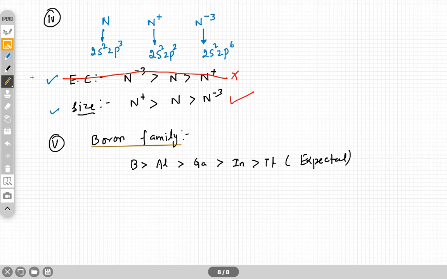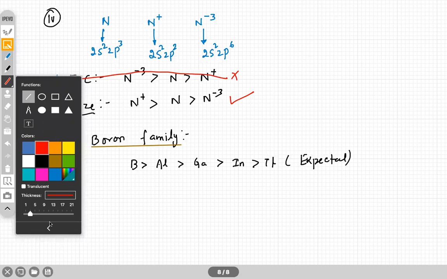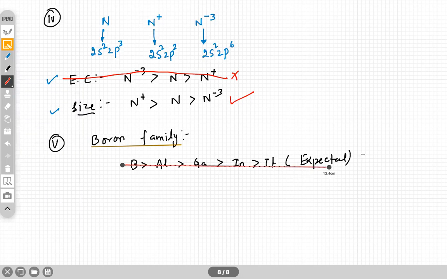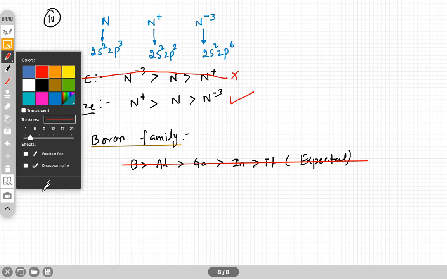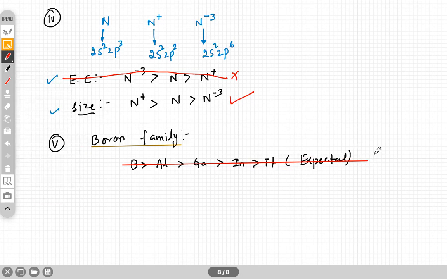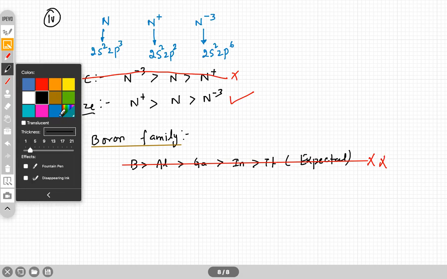But this one again, it is not correct. I'm writing it down and then I'm crossing it so that you will understand what is happening. This is not correct. The correct order is what? The correct order you have to memorize as 1, 5, 3, 2, 4.